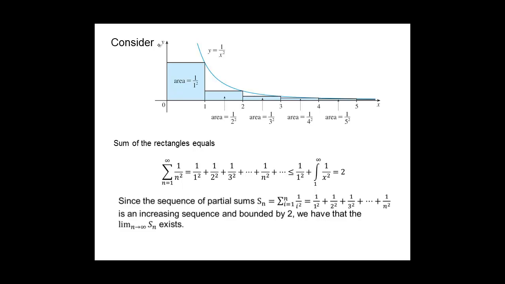Then I could say the terms of the series after the first term would be less than this integral, but that integral we computed last time. We computed that to be exactly 1. So then I could say that the series that I have here is less than 2, right?